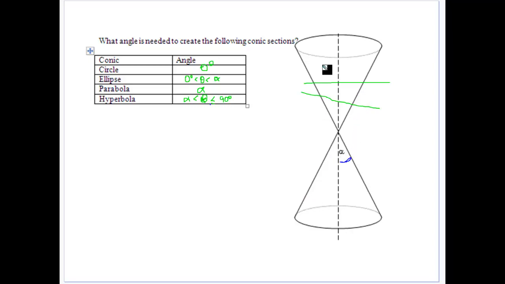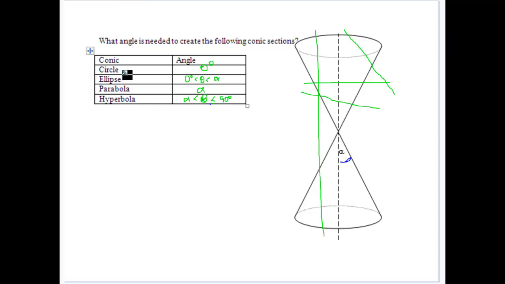If we cut it at the slant angle, so the same as the slant angle, trying to get that parallel there, you're going to get a parabola. And anything that's 90 degrees or less than 90 degrees but greater than the slant angle, we're going to get two parts. It's going to hit the cone twice, and we're going to get a hyperbola. So that's how we generate those conic sections.